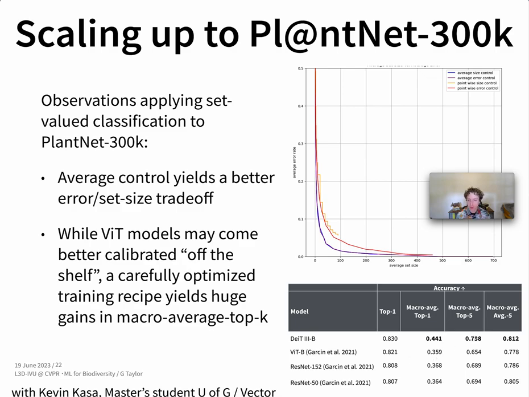underrepresented classes. And then over here, it's a different type of measurement. So this average 5 accuracy is used for average variable size set value classifiers, which output between, for example, 1 and 5 classes. And so here, we're measuring the accuracy on these variable size sets.